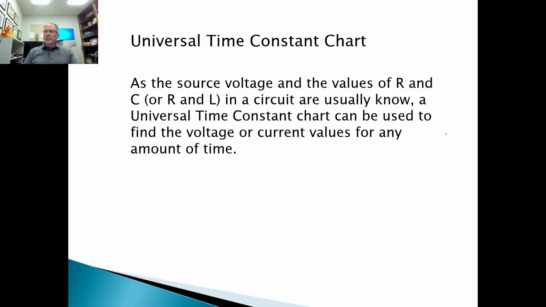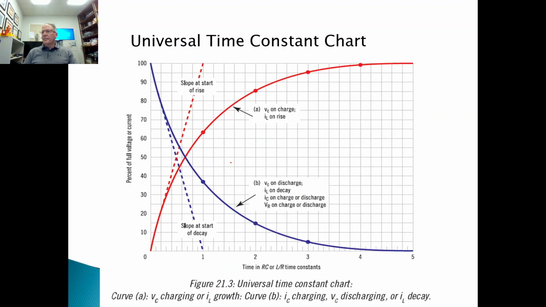Now there's also a universal time constant. The source voltage and the values R and C in a circuit are usually known, so a universal time constant chart can be used to find the voltage or current values for any amount of time. So here's the charging circuit, here's the discharge.